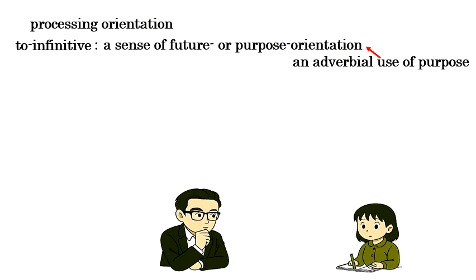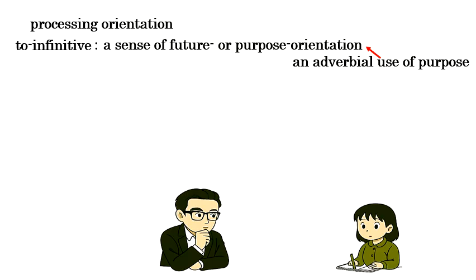So, generally, since a to infinitive carries a future, or purpose, image, just seeing to at the beginning makes us assume it's an adverbial use of purpose. More precisely, we tend to view a to infinitive through the lens of future, or purpose orientation, though there are exceptions. Right. So that's why we take it as an adverbial use of purpose.